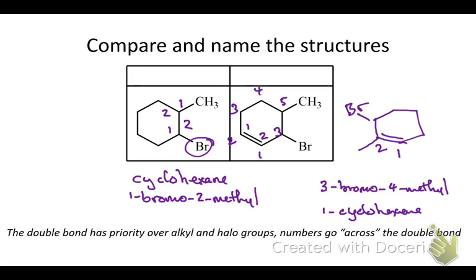The first non-alkene substituent gets the lowest possible number. 1, 2. And then this gets to be 6. Because it's on the double bond and there's only one of them, you have to give it the lowest number, and then you have to count across the double bond. The lowest number is 1.